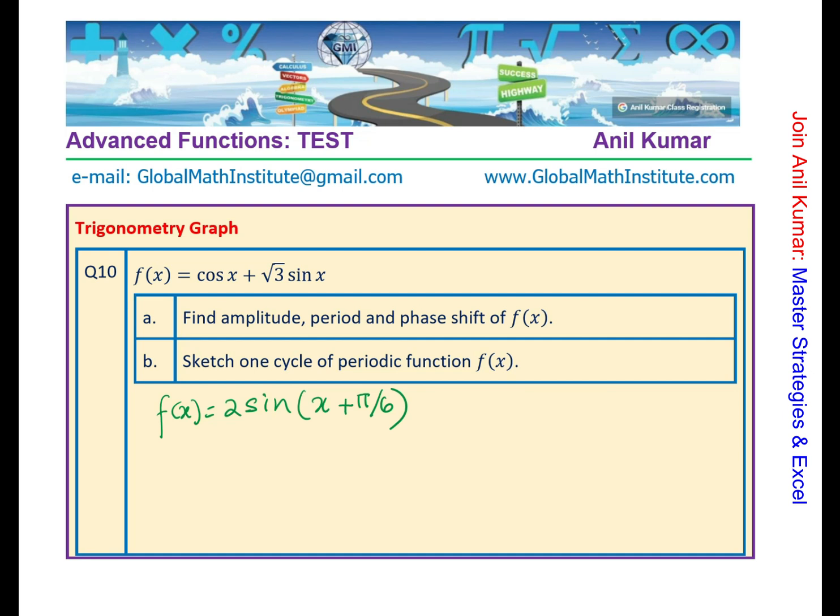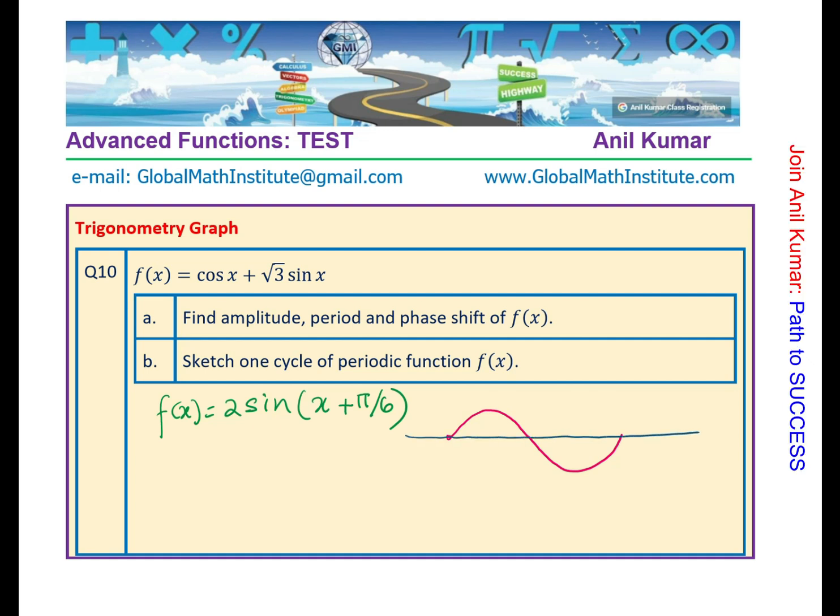So basically, when you sketch this function, one wave sine starts with minus pi by 6, right? So what you get here is this coordinate point here will be minus pi by 6. The period is 2 pi, right? All the points have shifted pi by 6 to the left, right?